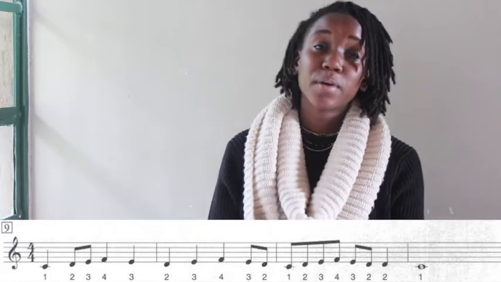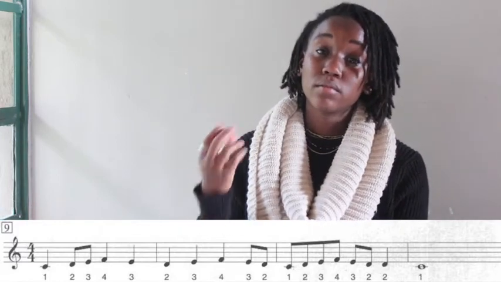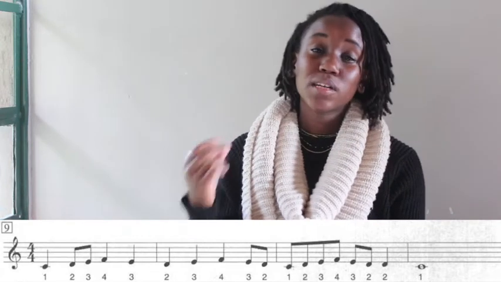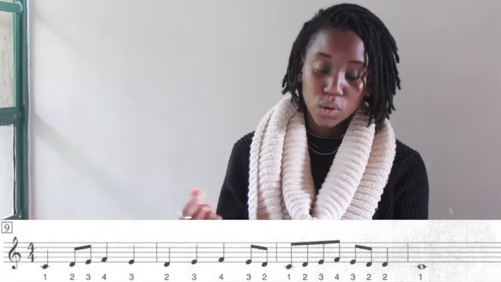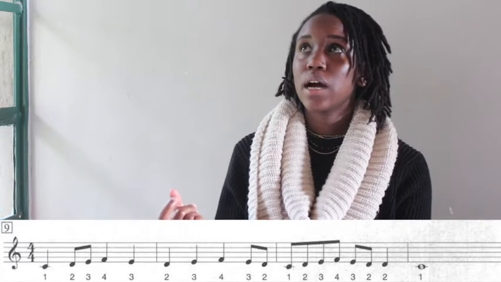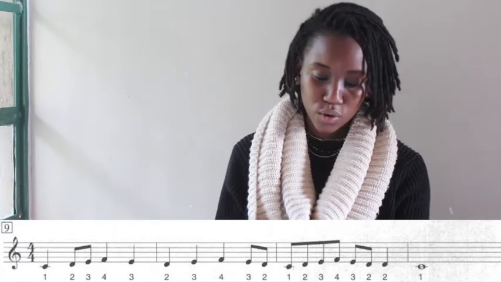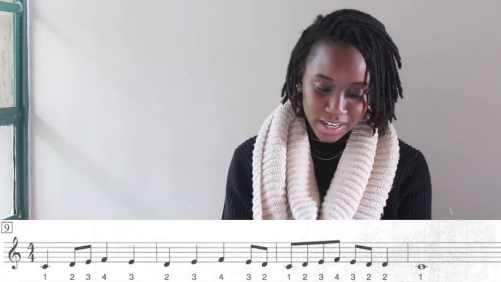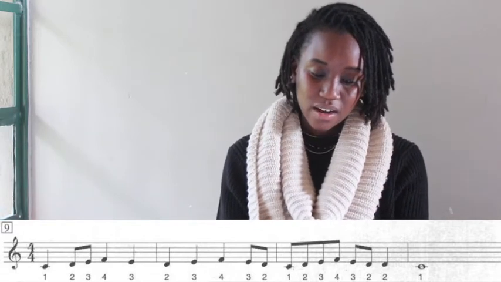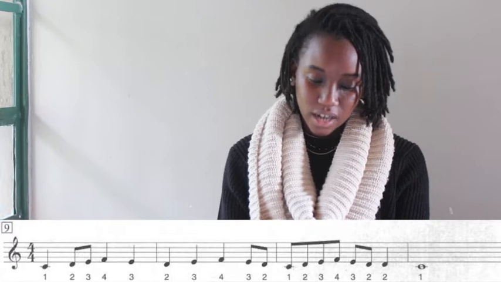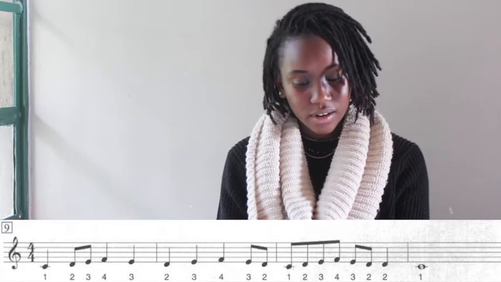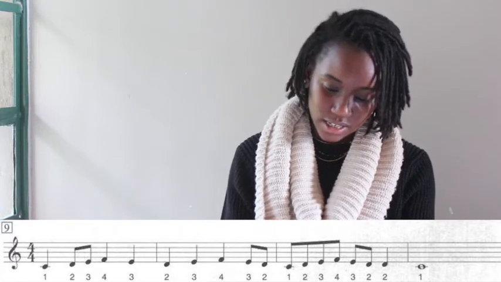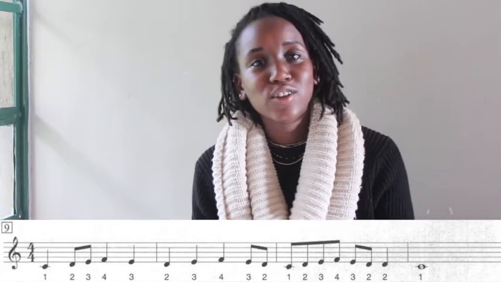Now if you notice, I'm keeping a steady beat going as I read the rhythm. Now what I've noticed is a lot of you will just read however it flows in your eyes. So you will go ta, ti, ti, ta, ta, ta, ta, ta, ti, ti, ti, ti, ti, ti, and that's not a rhythm.